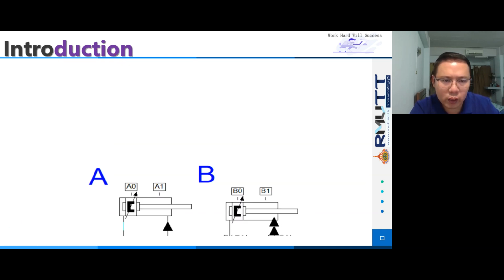Next, I will introduce the principle of cylinder movements.